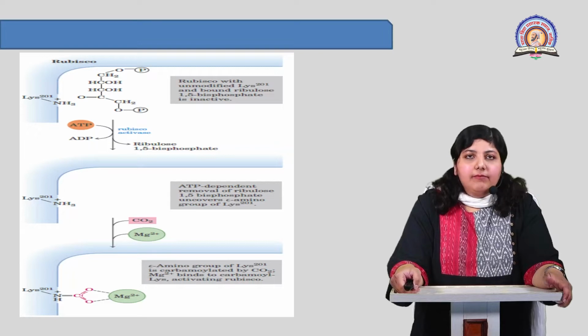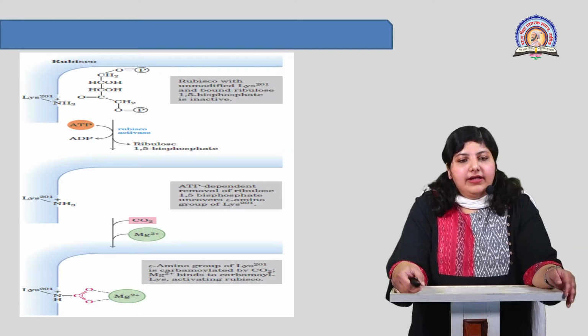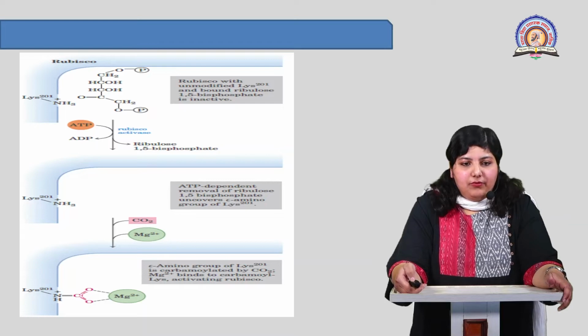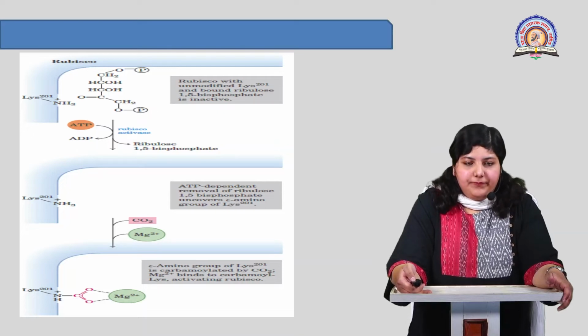Also, magnesium ion acts as a cofactor and forms a complex there. So this complex activates the enzyme Rubisco. In this way, this is one of the mechanisms of activation of the enzyme Rubisco.